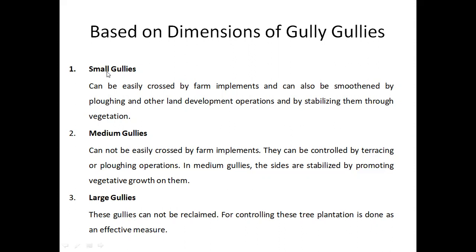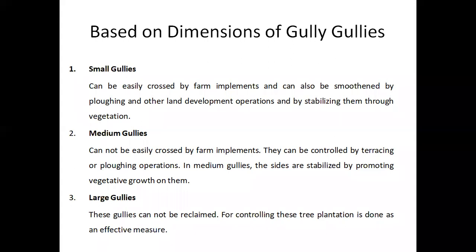In the small size gullies, the gullies can be controlled by the farm implements. That means they can be easily crossed by the farm implements, and can also be smoothened. Smoothened means they can be reclaimed or controlled by plowing and other land development operations, and by stabilizing them through vegetation.